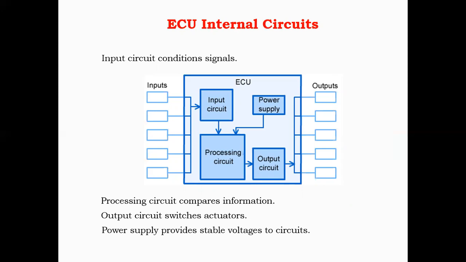The processing circuit compares information, that means what we are getting. For example, if the temperature is 40 degrees, what is the original range? It compares both values and then passes them to the driver board. The output circuit switches actuators, and the power supply provides stable voltage to all the circuits.